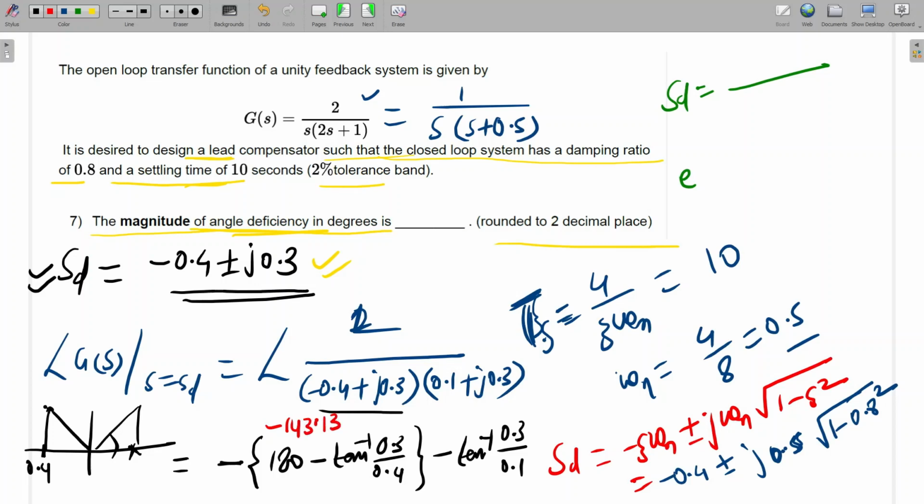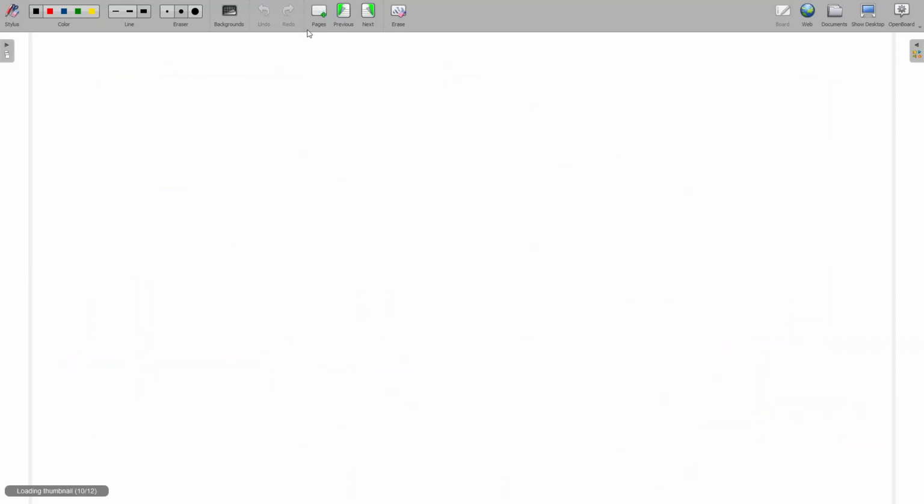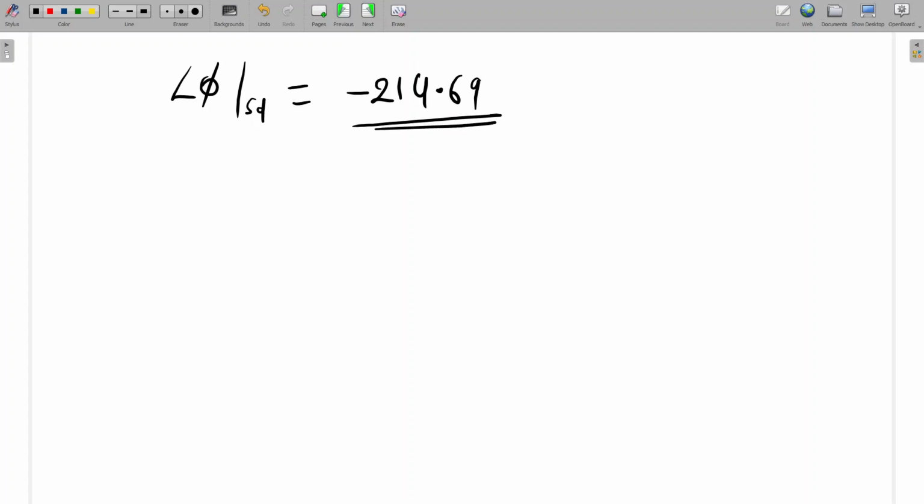Then minus tan inverse 3 by 1, tan inverse 3 is 71.56, so minus 71.56. So the total angle phi at the desired pole s_d will be minus 214.69. This will be the phase.